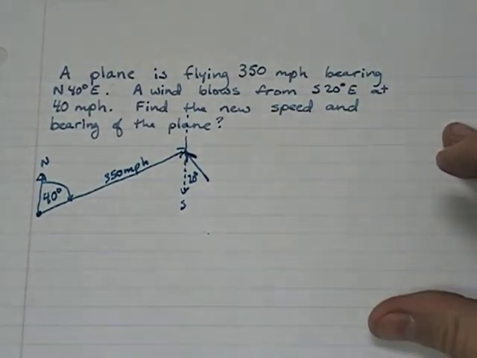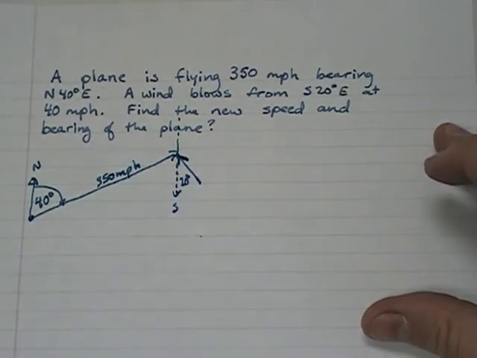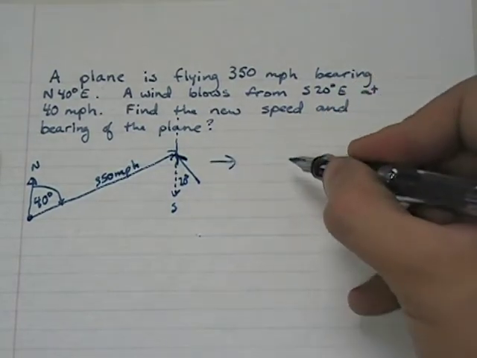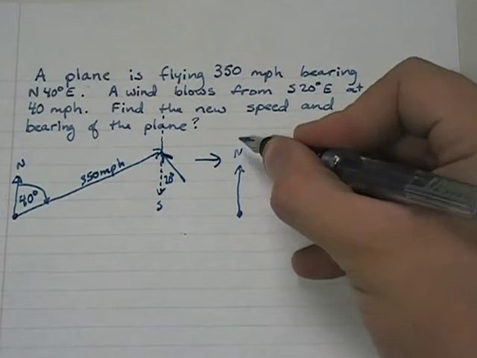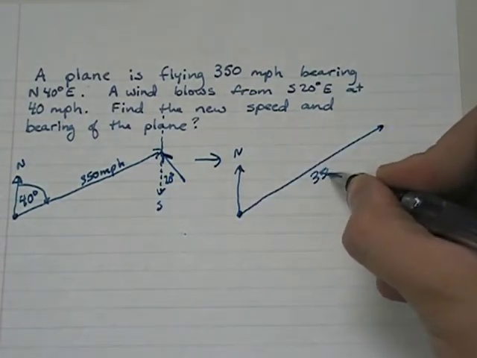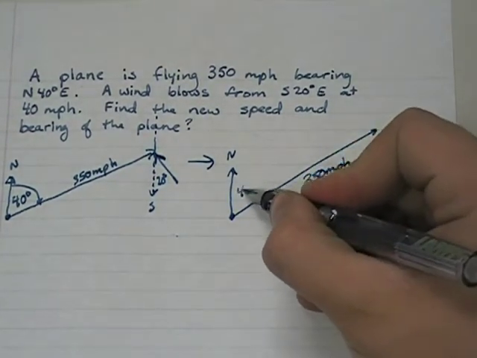Oops, I've connected my vectors head to head. And I don't really like to do that. So I'm going to take this picture and redraw it. The plane hasn't changed. It's still going to be north 350, and it's still going to be 40 degrees.